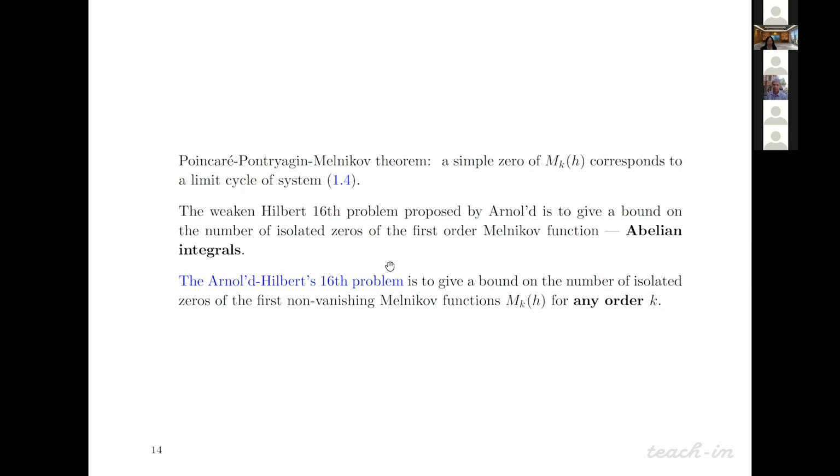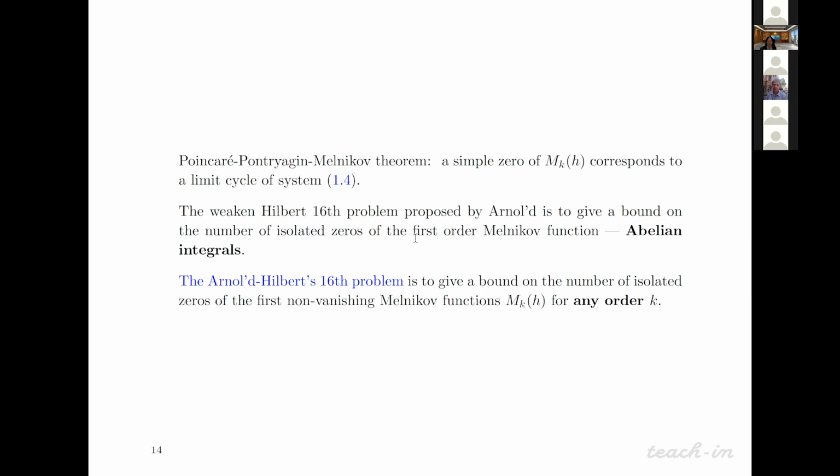Another problem we call the Arnold-Hilbert 16th problem is this: if you consider the Hamiltonian plus a small perturbation, and you get the first non-vanishing Melnikov function, this k is not 0, not 1, maybe 2, maybe 3.